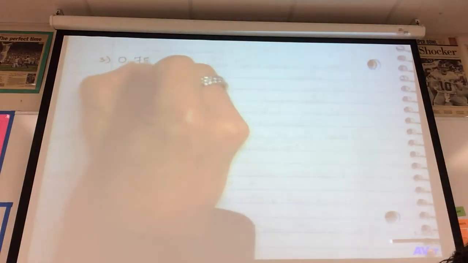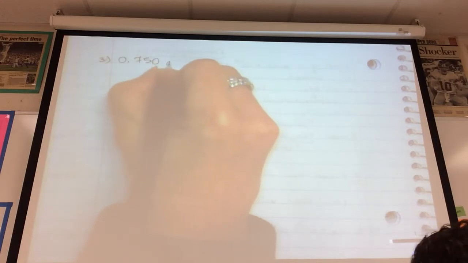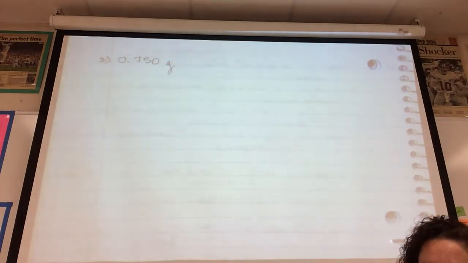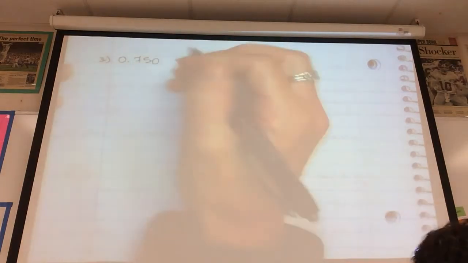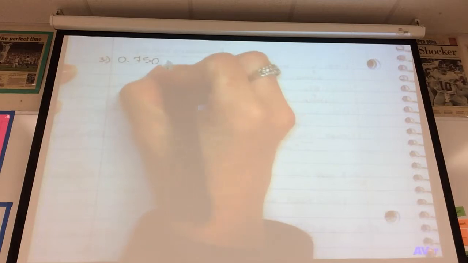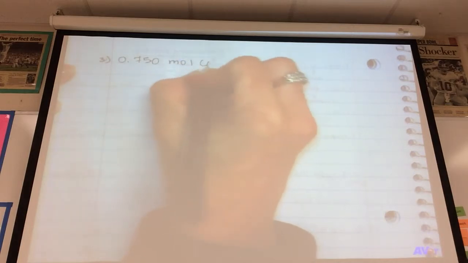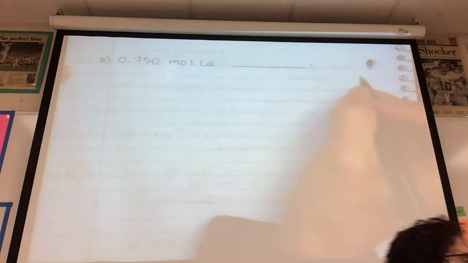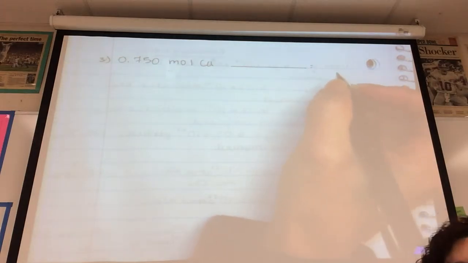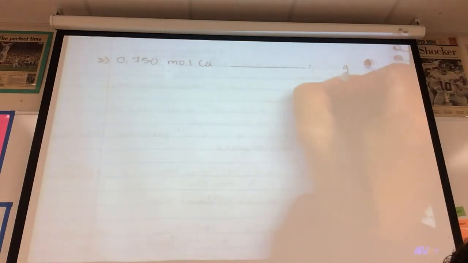So that's what I'm going to start with. Your given has to be a quantity. Oh, I'm sorry, moles. And what do I want to get to? The mass of calcium. All right, so the mass in grams.